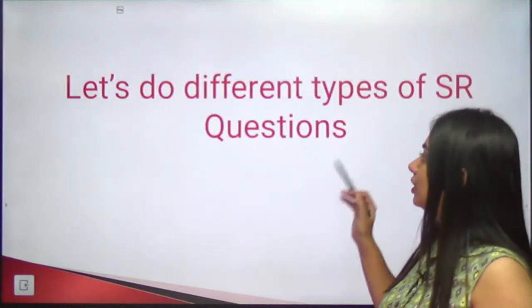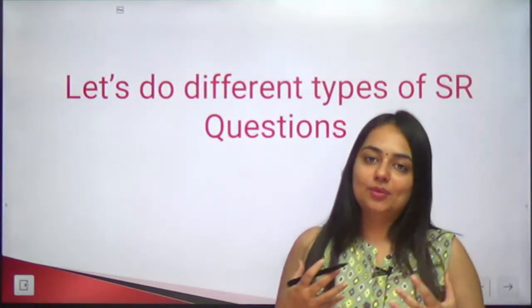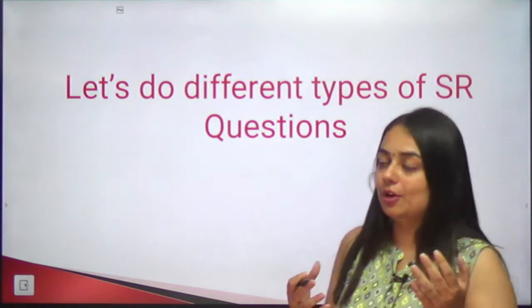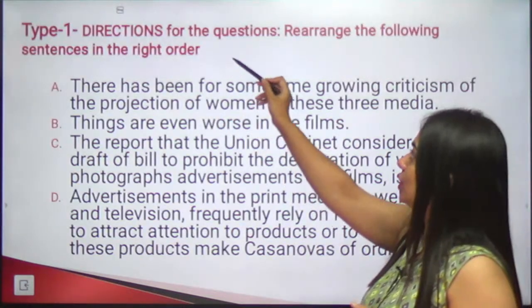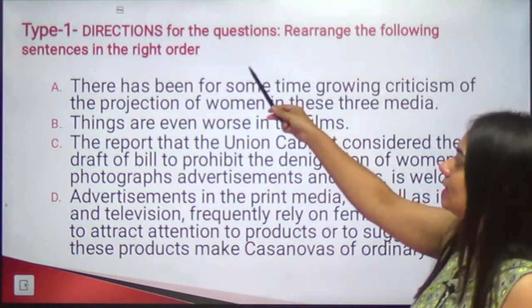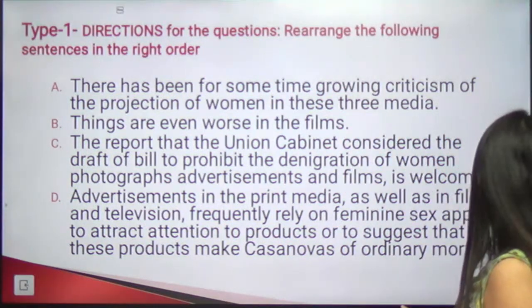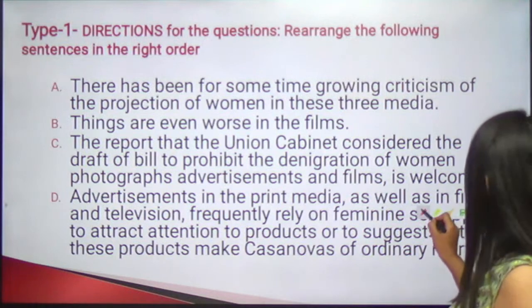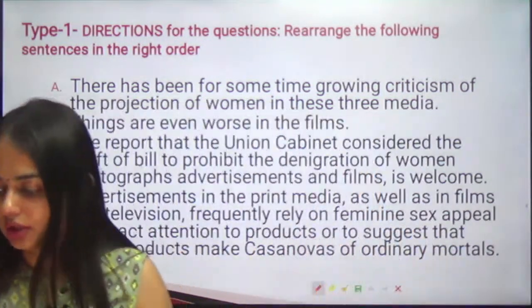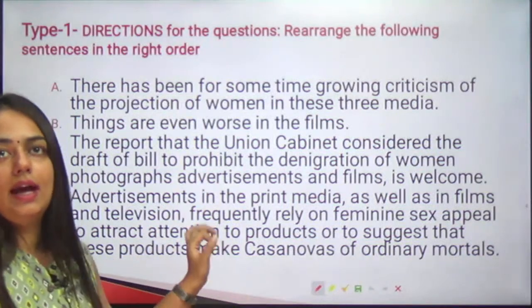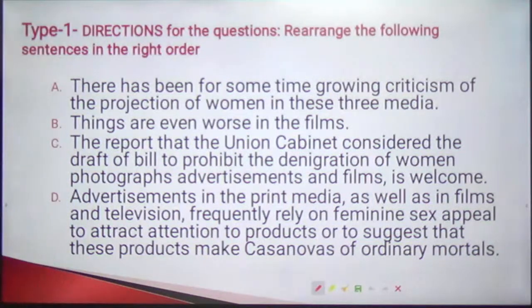So let's do different types of questions that can be based on sentence rearrangement or para-jumbles. Type 1 direction is: rearrange the following sentences in the right order. Now, a particular passage is given to you, different sentences picked from it, put in a jumbled order. Quickly go through this and let me know which should be the opening sentence.